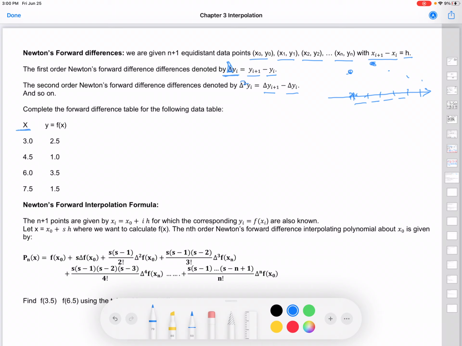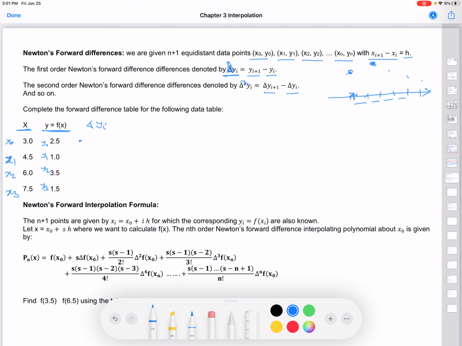Okay, so let's see what is given to us. We have an example here, x and y equal to f of x. How many points are given here? 4 points. So that means we have x0, x1, x2 and x3 given, and then corresponding y0, y1, y2 and y3 are given. Now we want to calculate the first order forward difference.